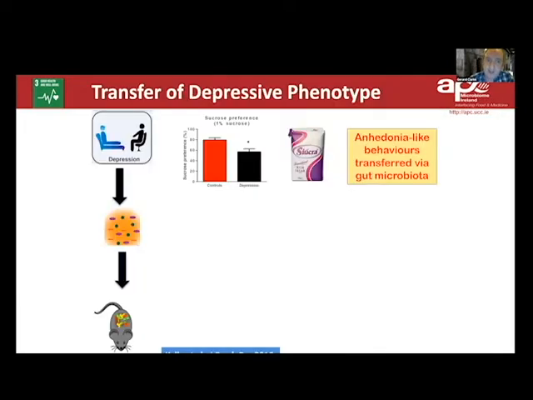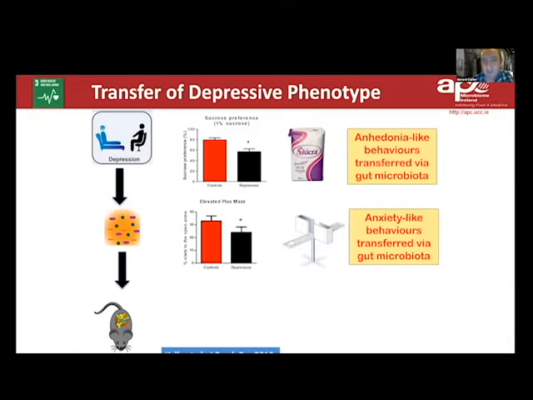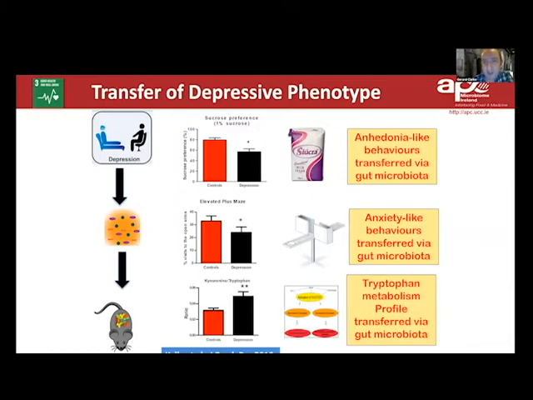Now, one of the ways in the field of demonstrating causality is the transfer of the disease-associated microbiota. So in this case, from our earlier study, we were able to show the transfer of the depressive phenotype by the transfer of the depression-associated microbiota, particularly in terms of anhedonia-like behaviors, anxiety-like behaviors, but also the classical neurobiological phenotype of depression in terms of alterations in tryptophan metabolism.